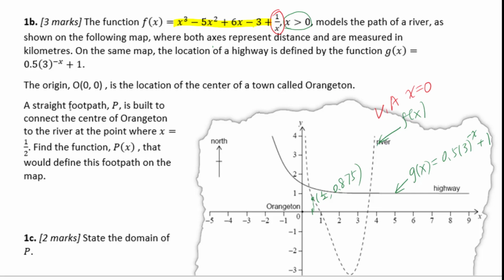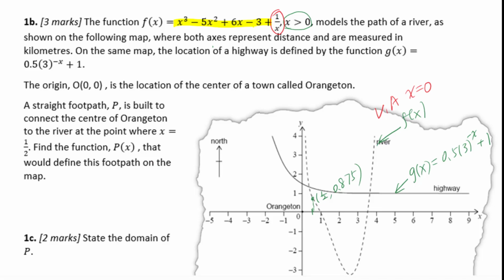A street footpath P is built to connect the center of Orrington to the river at the point where x equals 1 over 2. Find the function p of x that would define this footpath on the map.